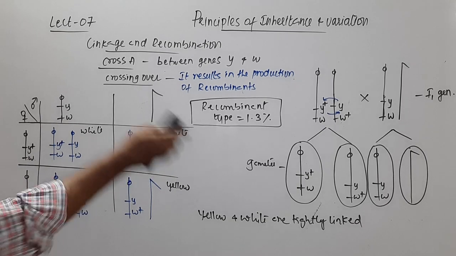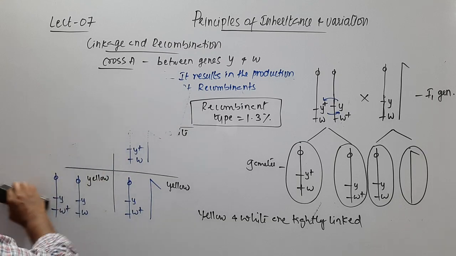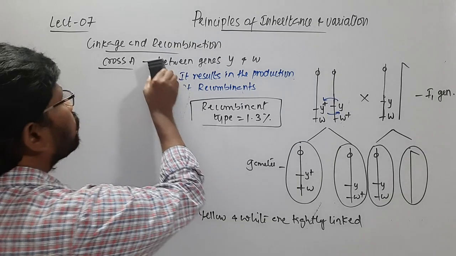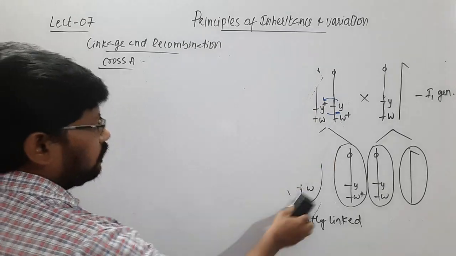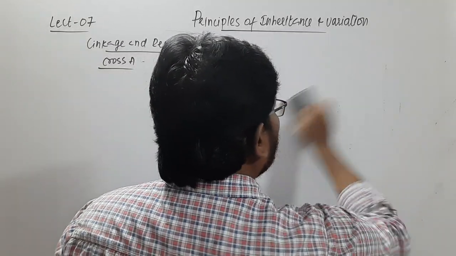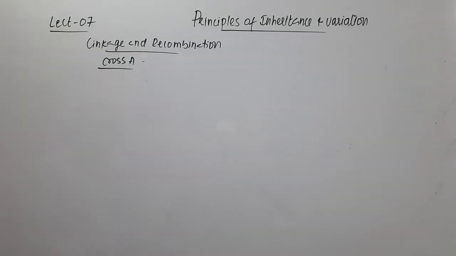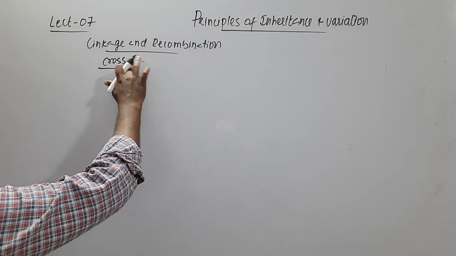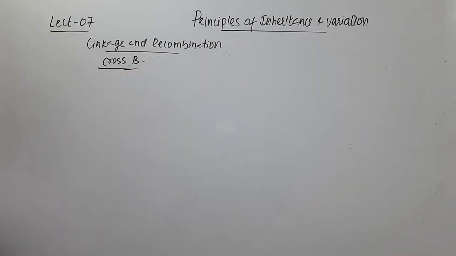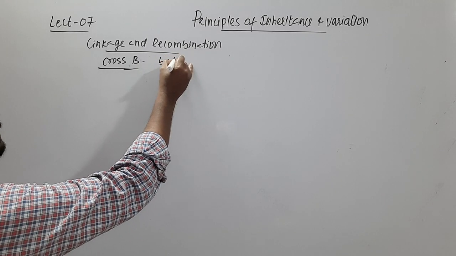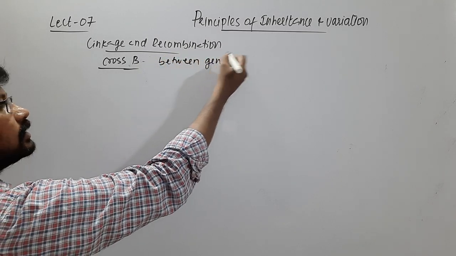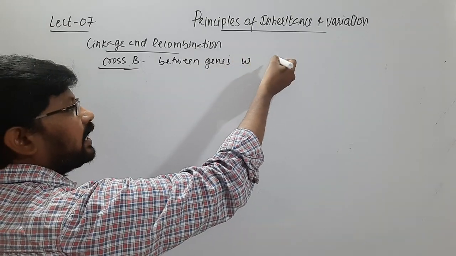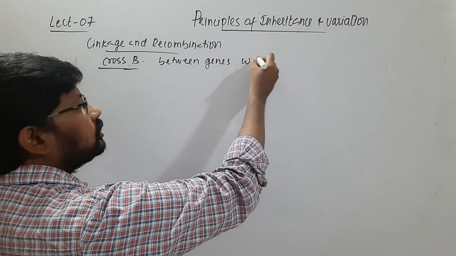Now let's see another cross. So that's cross B. So this is another cross. In this cross, we are going to look at the genes W, that is white eye, and miniature wing.